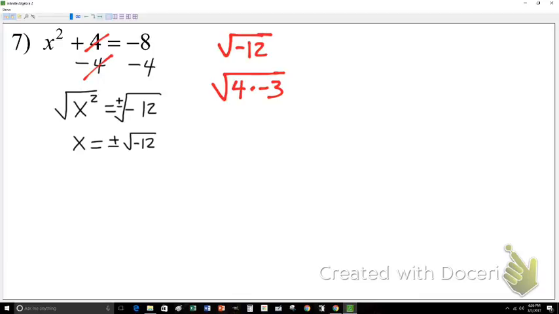The square root of 4 is just 2. The square root of negative 3, well, we're going to go ahead and know that we can break off a negative 1 from 3, or negative 3, so we have 3 times a negative 1 technically. And the square root of 3, well, that will remain as the square root of 3.